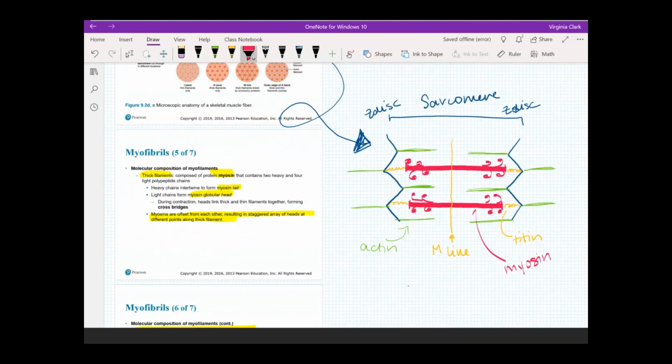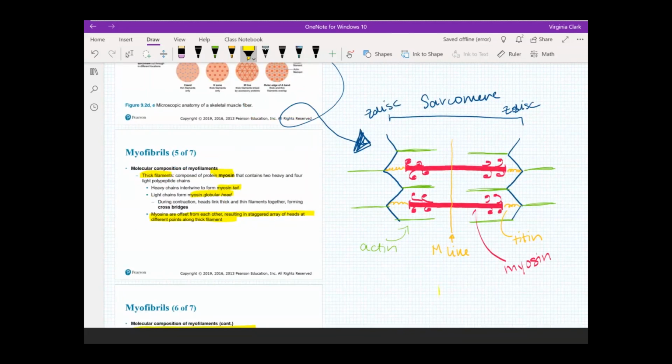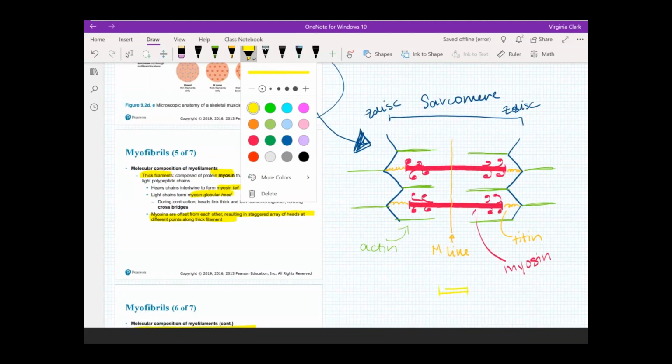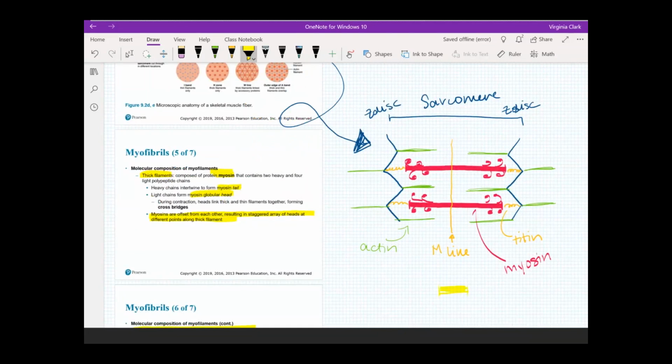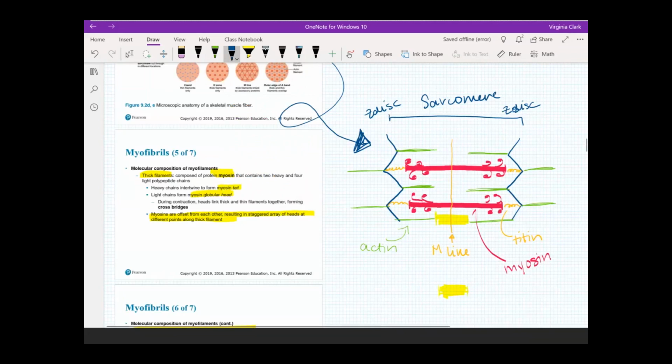But how it actually is organized is you will notice that right here in this section, from right here to right here, there are only thick filaments. So this section right here is only going to be where you will find our myosin. So this will be thick only.